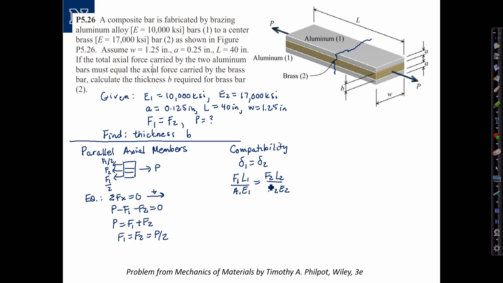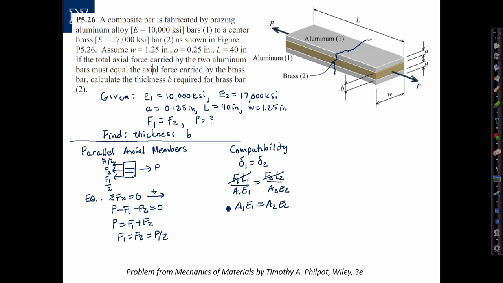Now this is going to get a little simpler here because we know from equilibrium and from what we're given that F1 equals F2. We also know that the lengths of the two members are the same. So basically this part of the equation cancels out, and we can simply write A1 E1 equals A2 E2.